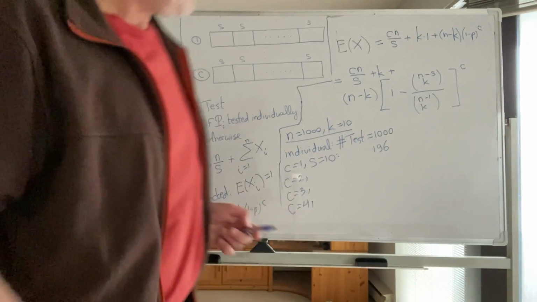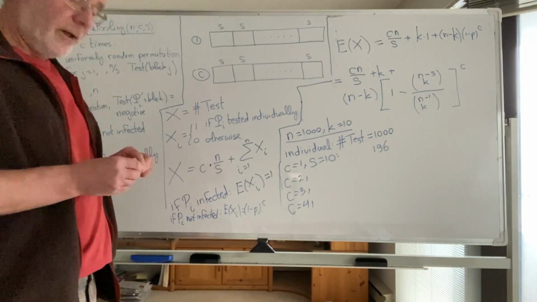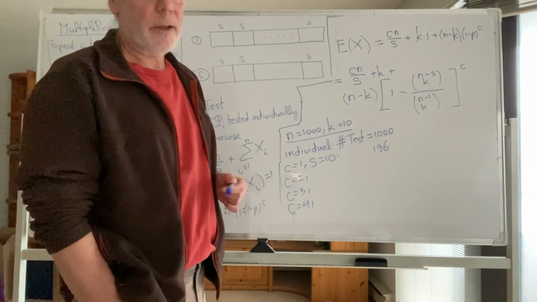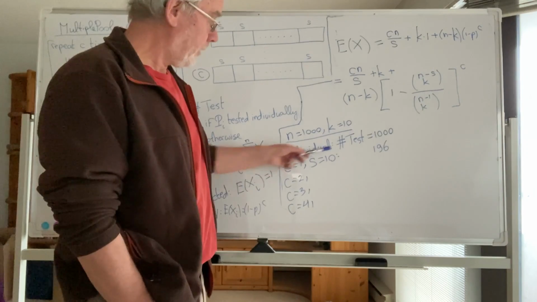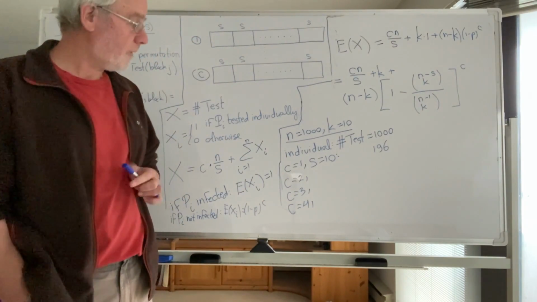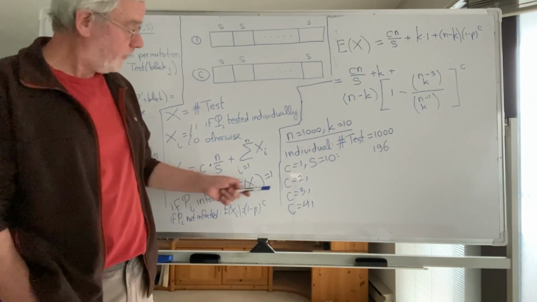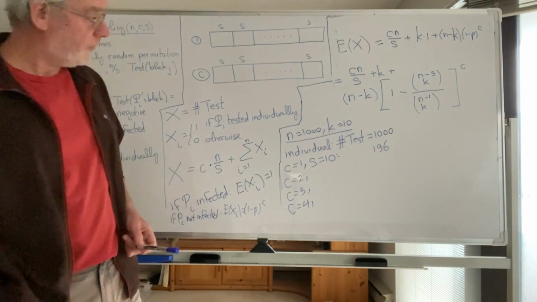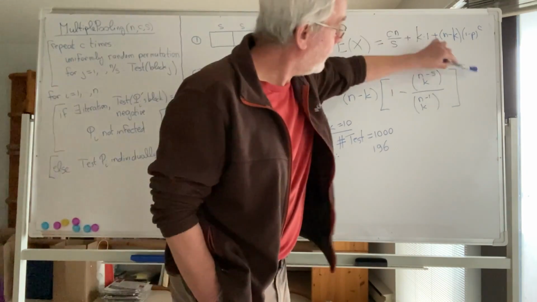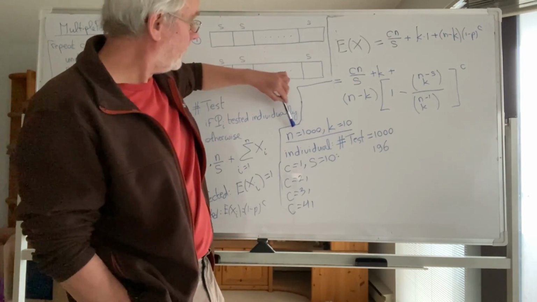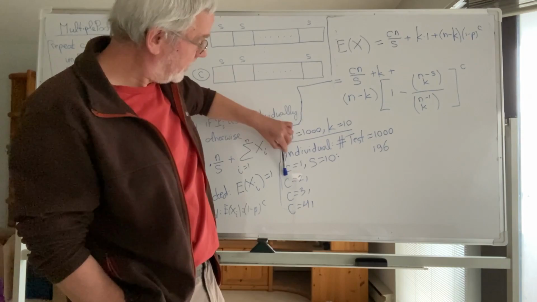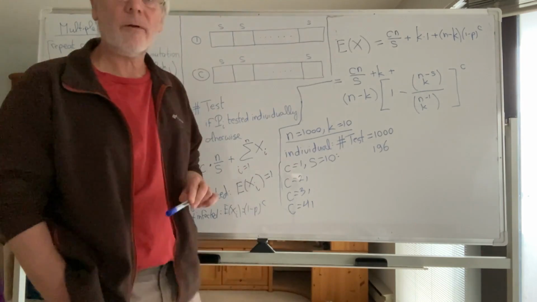Okay, so now you should open the PDF file of the notes. And before, in part 1, when C equals 1, I showed you this graph that I got from Wolfram Alpha. I did the same thing for C equals 2, 3, and 4. So for every particular value, I entered this formula where n is 1,000, k equals 10. For example, when C equals 2, I entered this in Wolfram Alpha.